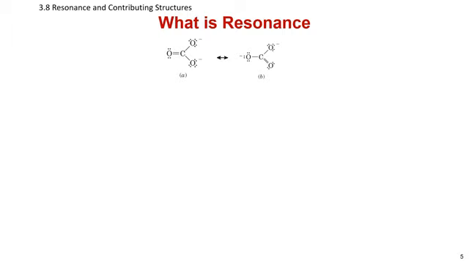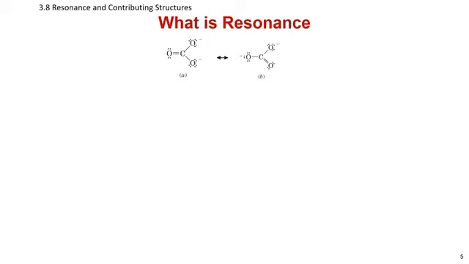Those are the ideas. Now there's a problem here. This is the carbonate ion. When you get the Lewis structure of the carbonate ion, you put the electrons, you get two structures. Can you tell me what is the difference between these two structures?